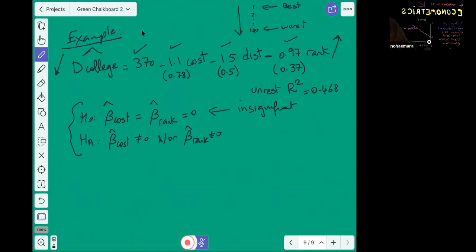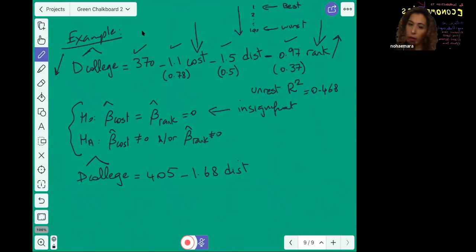Now I'm going to regress a model that is restricted, where this part is 0. So this part is gone. So it's only the demand for college regressed on distance. And if you ask me where I got these numbers from, I got them from Stata.